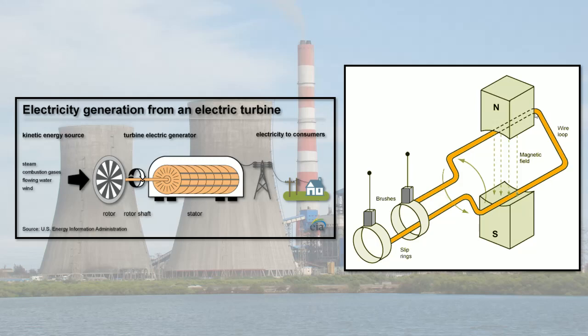Electricity is just the movement of the electrons. And this is how, in a very basic way, electricity is generated in most of the power plants. If you need further information, you can ask your physics teacher.